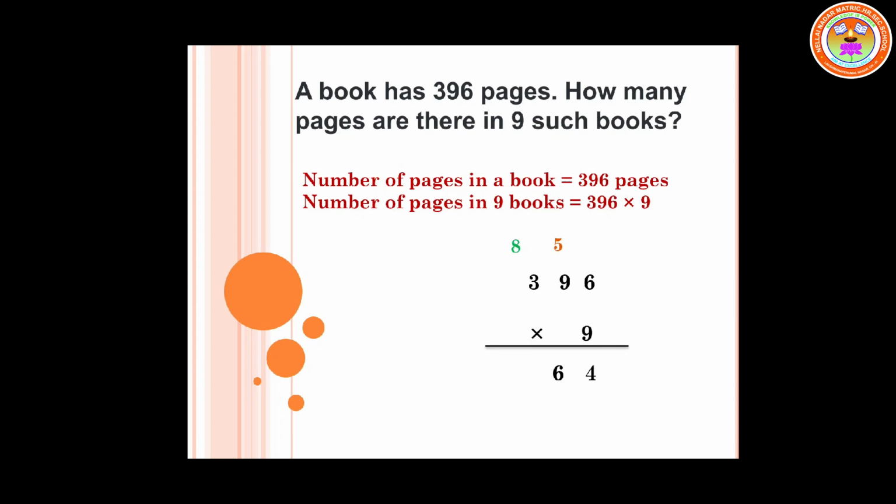Next, 3 nines are. What does 3 nines are? 27. 27 plus 8, 35. Yes? So what is the final answer? How many pages are there in 9 books? 3564 pages. Yes, children? Understood?